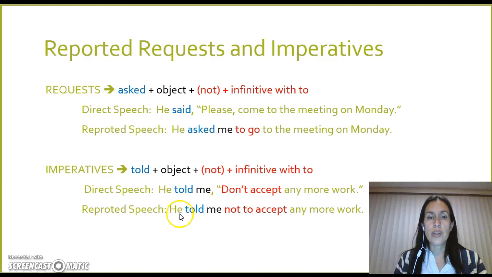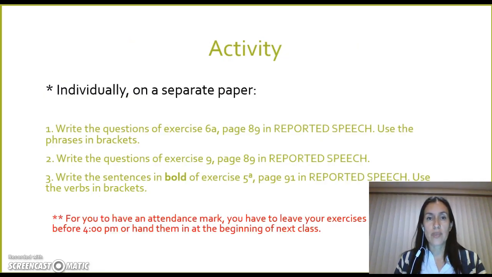So we reported he told me not to accept any more work. So this is the way that we report imperatives. If it's an affirmative imperative, accept more work, then this one has to be affirmative. He told me to accept more work. So this is the way that we report requests and imperatives.